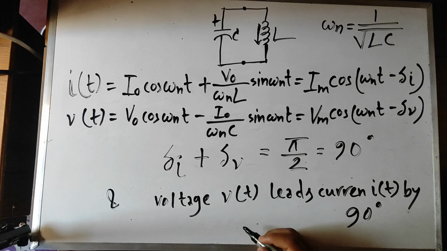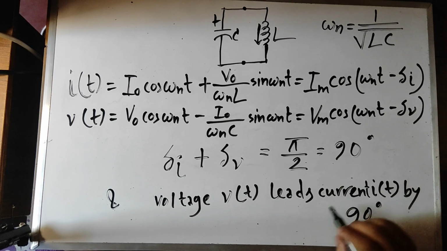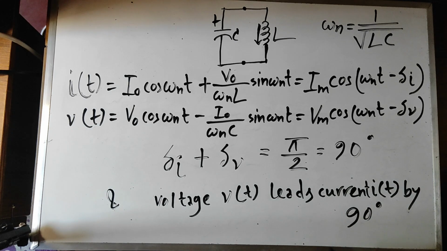I think voltage leads, that should be the case. Yes, voltage leads the current i(t) by 90 degrees, and this is the final expression for the source free response of the LC circuit. So that's it. Thank you.